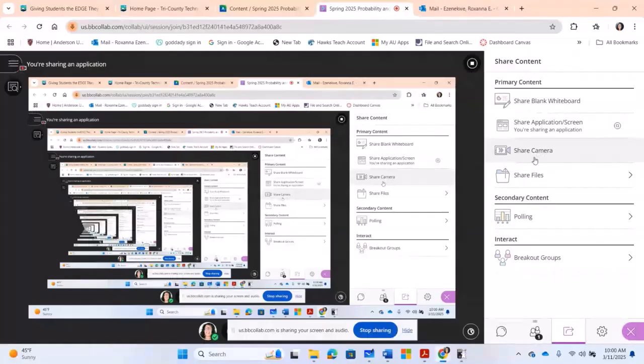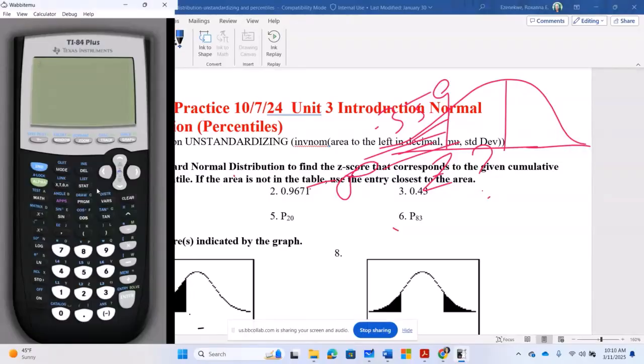As soon as we come back from spring break, the steps: second distribution, I'm looking for inverse norm, the reverse of normal distribution, normal CDF. So I am using number 3, that's inverse norm. My calculator is asking me what is the area to the left? What is the percentile?